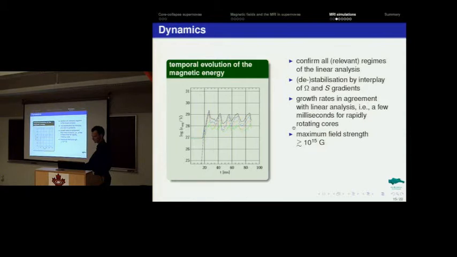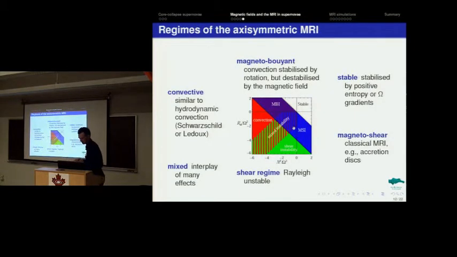And what are you assuming for the Brunt? In this particular model, the entropy gradient was 0, so 0 Brunt. But we've done the same for all of those regimes, and we've confirmed all of the growth rates which we obtained from linear analysis for all of those regimes.